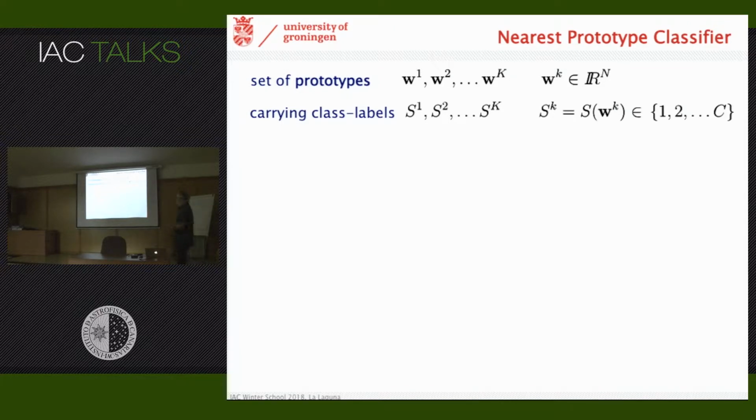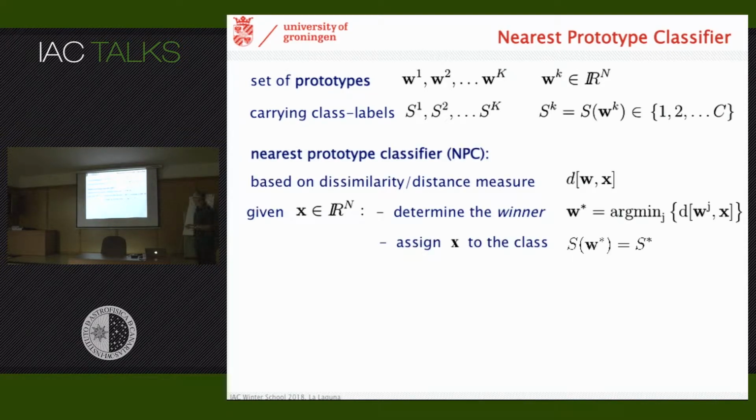Okay, so here's the mathematical formalism. This is almost the same as for the vector quantization in the beginning. We have a set of prototypes, but now these prototypes carry labels. They represent a class, right? Each prototype has a label, and we will end up using this as a nearest prototype classifier, meaning that for any possible input vector, we compute the distance from the prototypes, we determine the prototype which is closest to the data point, and we assign the data point to that prototype, as in vector quantization, but now it's learning vector quantization, so it's supervised.